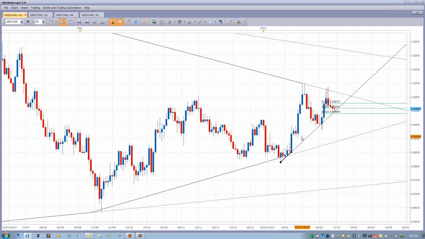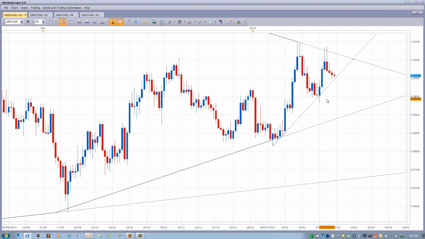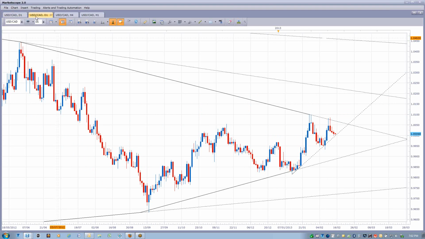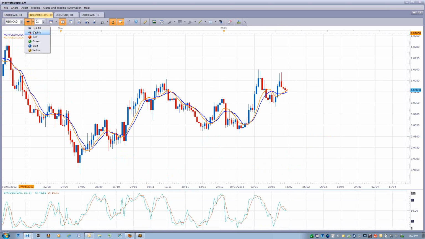Okay, so if your analysis with this is basically to go long, what's the difference between this and the dollar-yen? Honestly, for what my opinion is, I just, can I bring both of them up? Just bear with me for 1 second.